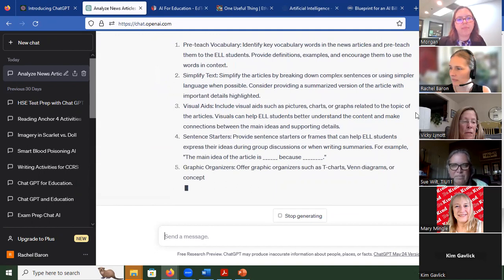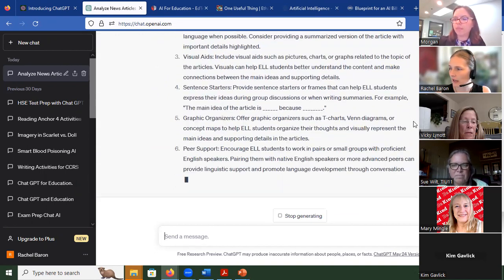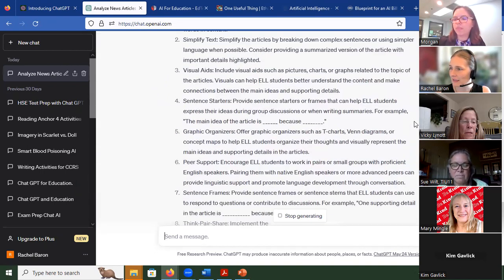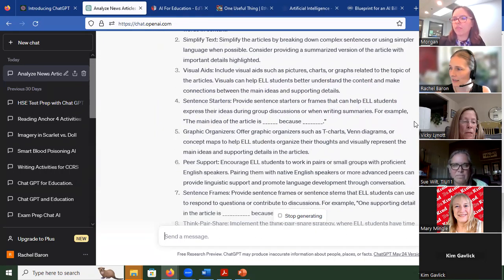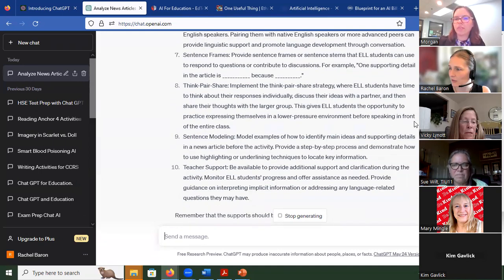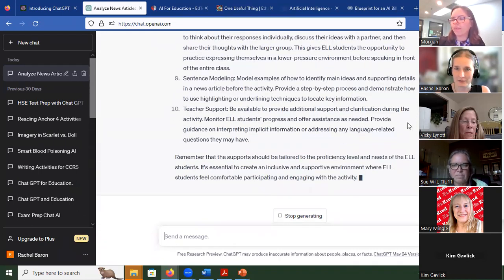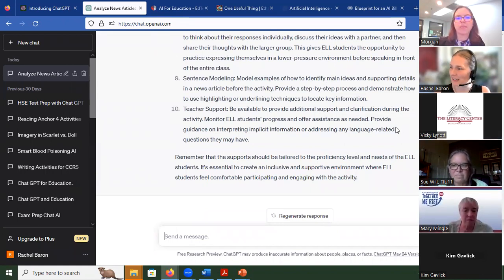And so, a variety of things here: pre-teaching the vocabulary, simplifying the text, sentence starters, sentence frames, and 10 different things you can do to support English language learners in this activity. I have noticed that if you don't tell ChatGPT how many things to put in a list, it's often going to give you 10 things, which to me is a little overwhelming, but yeah.